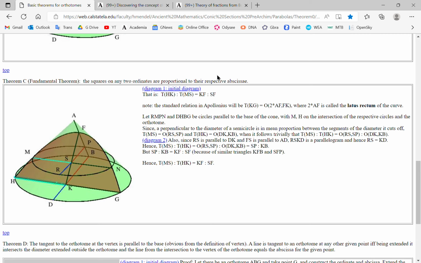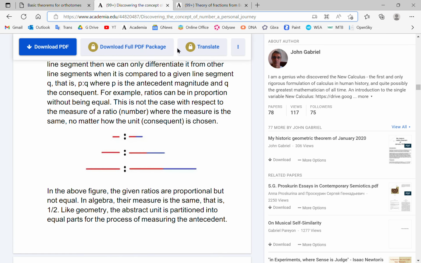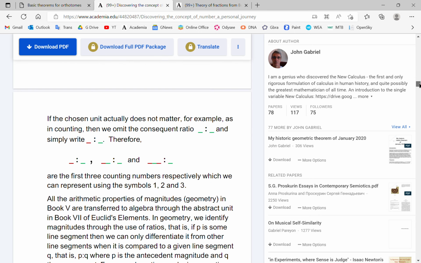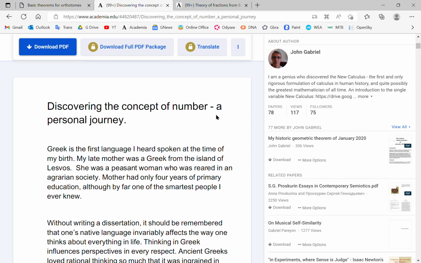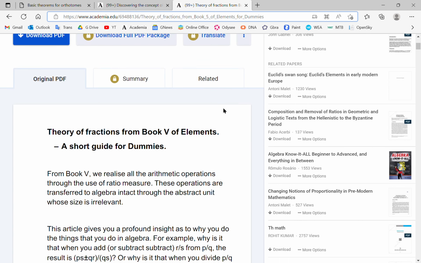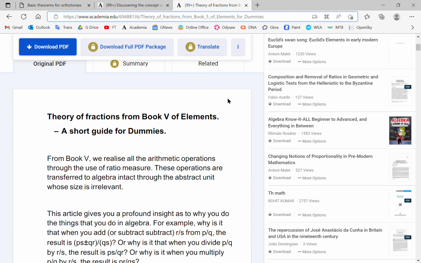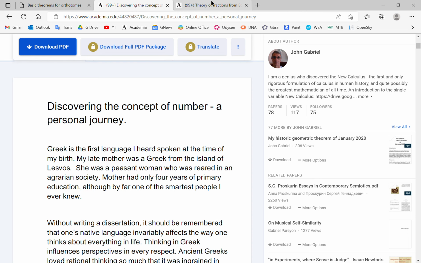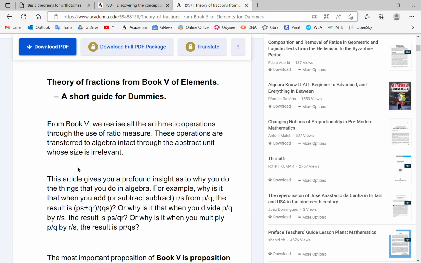To help you understand these concepts, I'm going to refer you to these two articles. The one is called Discovering the Concept of Number, A Personal Journey, and the other one is A Theory of Fractions from Book 5 of Elements. You do need to study either this one here and parts of this one, or you need to figure out a way to understand number.